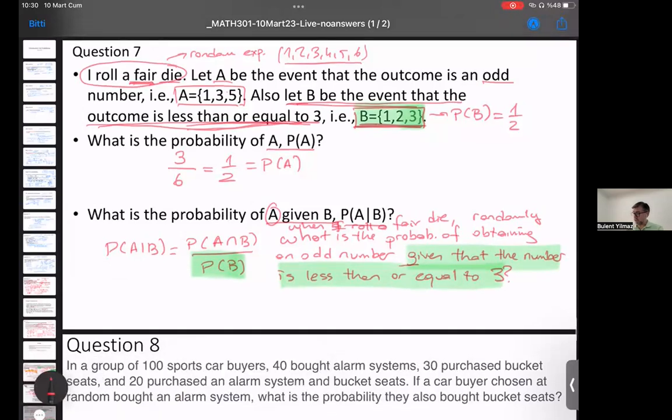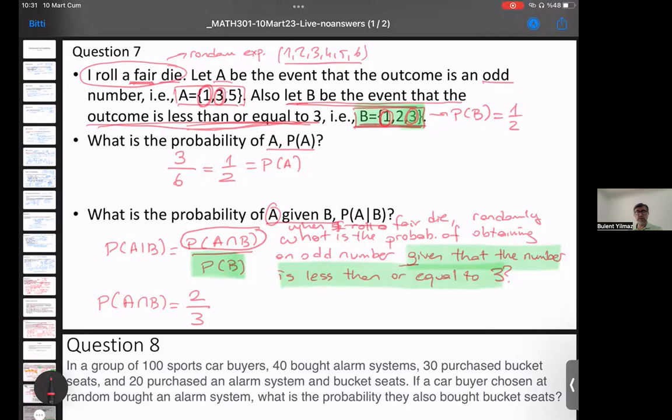What's the probability of obtaining A and B? What is the overlap between these two? What is the probability of A and B? It's going to be how many items are common? 1 and 3 are common, right? So it will be 2/3, right? Is this correct?